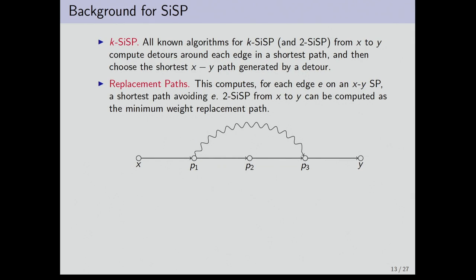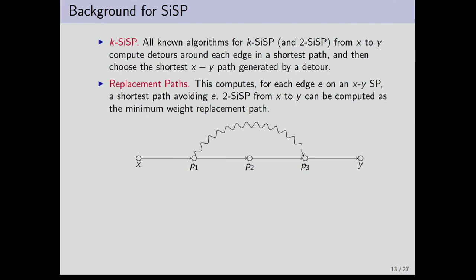Okay, so detours. What is known, as I said previously, the only problem that has been studied is KSISP, and it's been studied a fair amount. And all of the known algorithms for KSISP, and now we are considering KSISP from X to Y, compute detours around each edge in the graph.